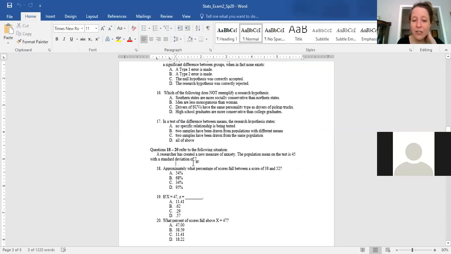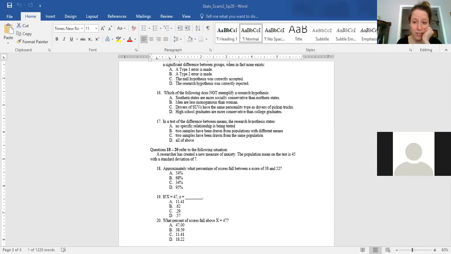You could do the same thing with a harder version of this, but this one I made more simple because if you notice, this is 1 standard deviation below and 1 standard deviation above, right? So if the mean is 45 and the standard deviation is 7, if you subtract 7 from 45, you get 38. And if you add 7 to 45, you get 52. So we're talking about 1 standard deviation above, 1 standard deviation below.